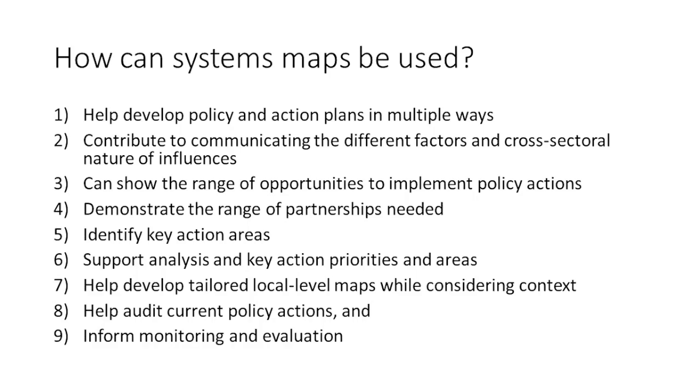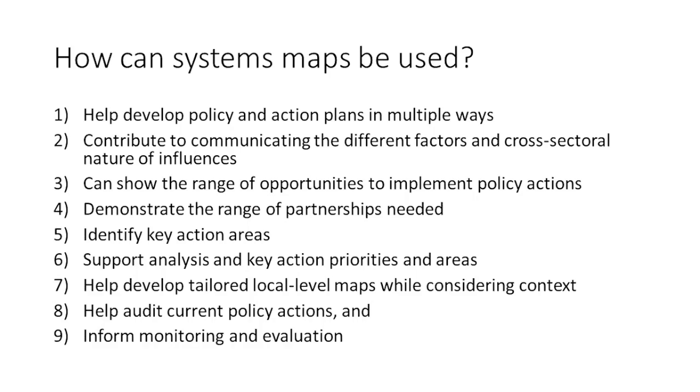So how can systems maps be used? There are several ways that we can use systems maps, and I'll mention some of these that Rutter and his colleagues mentioned in the article because they're very useful.